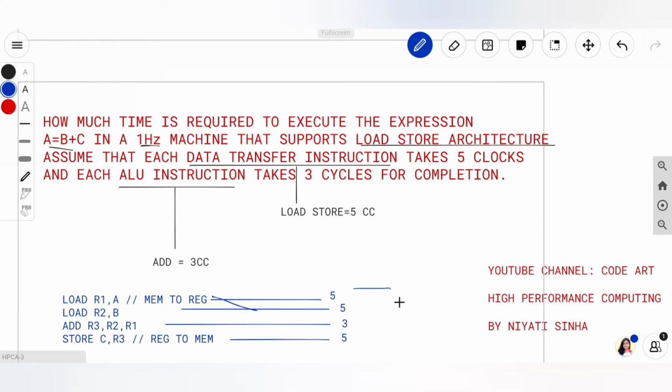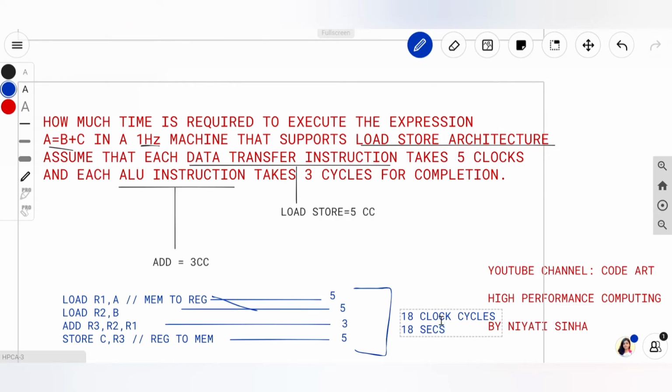So in total we need 5 plus 5 plus 3 plus 5, that is 18 clock cycles. And we know it is a 1 Hz machine, which means in 1 second 1 clock cycle will be completed. So 18 clock cycles will be completed in 18 seconds. So the CPU time is 18 seconds for this question.